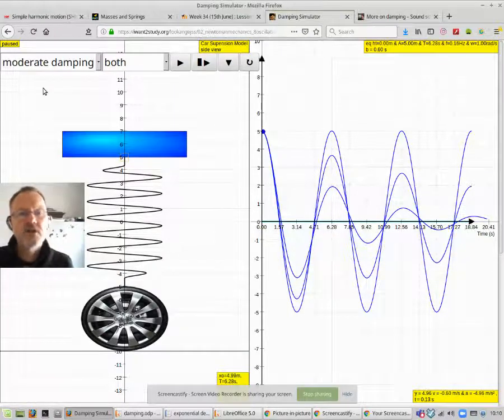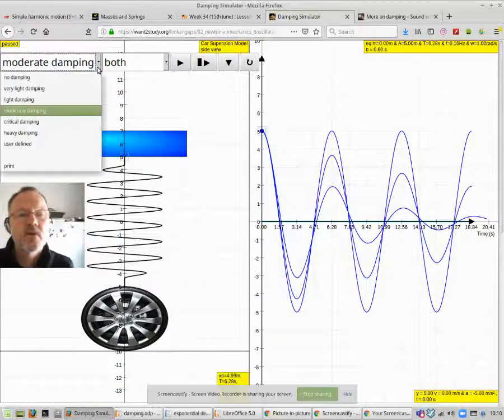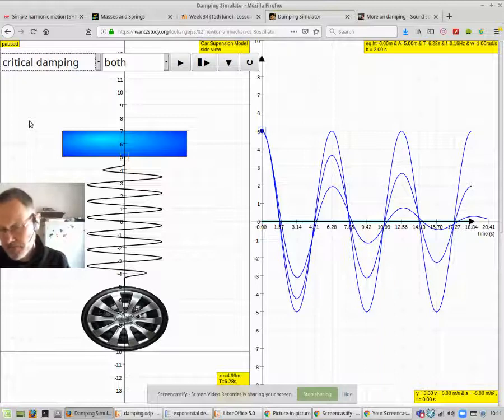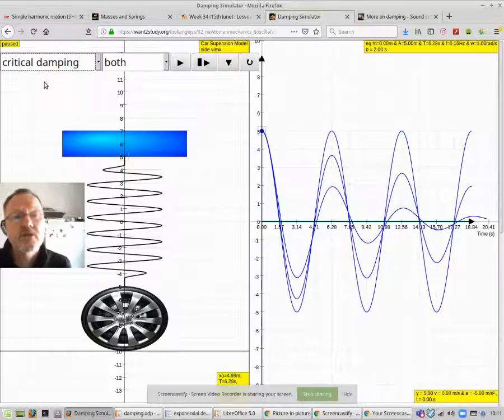Now, there are two other types we can look at as well, which we'll just quickly show here, which are important. One of them, which is really important in cars and vehicles, is called critical damping. We don't really want the oscillation to die away over time like this.